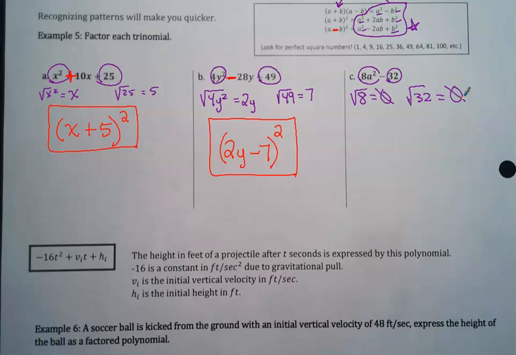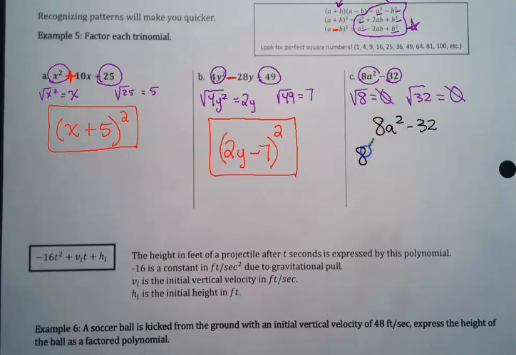Do you recall the previous note said to factor first? Find the greatest common factor first. We have 8a squared minus 32. Do 8 and 32 have a GCF? Yes, absolutely there is. They both can be divided by 8.